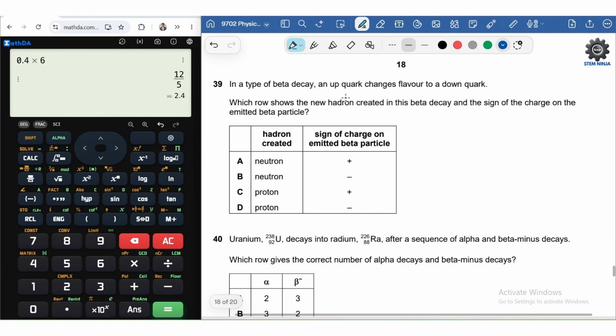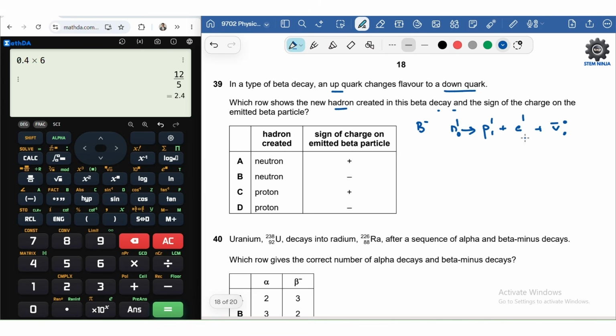In a type of beta decay, an up quark changes flavor to a down quark. Which shows the new hadron created in the beta decay and the sign of the charge on the emitted beta particle? Okay, so in beta negative, you have a neutron converting into a proton plus electron plus electron antineutrino. This is your up, down, down converting to an up, up, down.